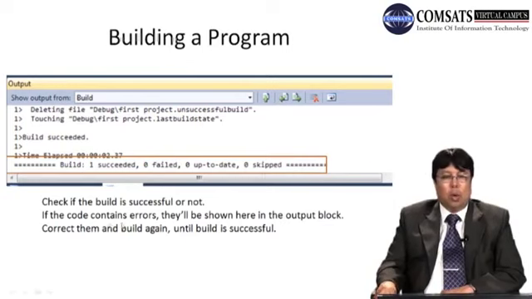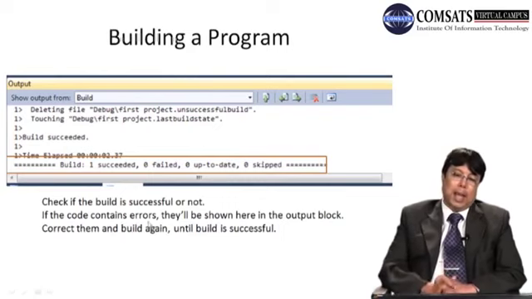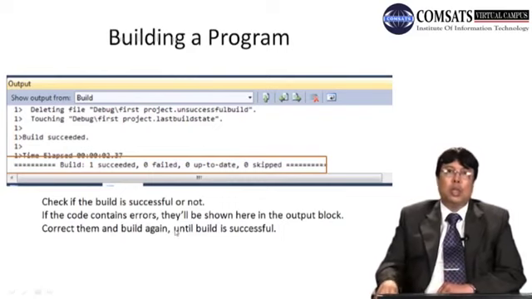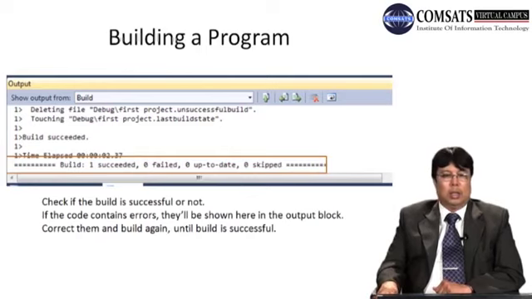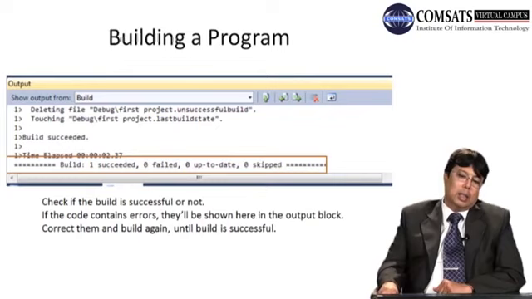If the code contains errors, they will be shown on the window below the window of the source code. So you need to rectify and remove all the errors. Once you remove all the errors, then you should be able to find this message.